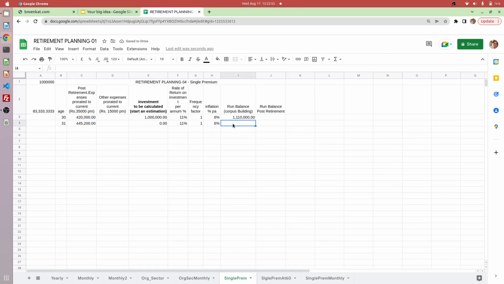And now the run balance of this year is equal to the round figure of the previous run balance or corpus plus the current year investment 0, both multiplied by 1 plus the return percentage divided by the frequency factor, comma, 2 decimal places.